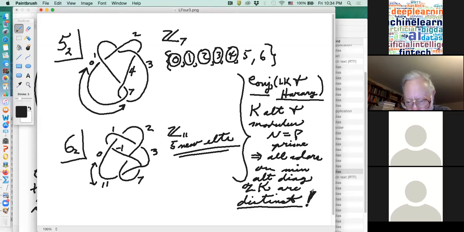I proved it for rational knots, the class that I'll tell you about, but it was eventually proved in general by Mattman and Solis.